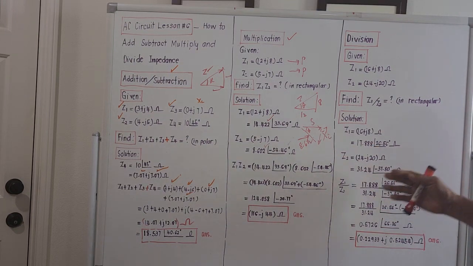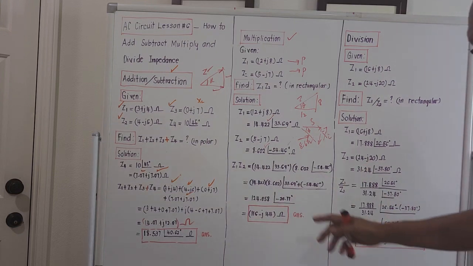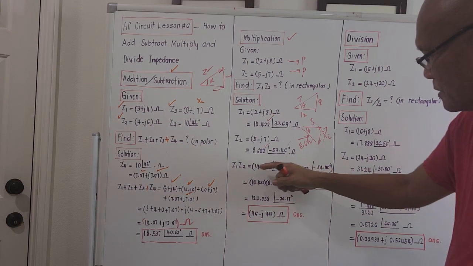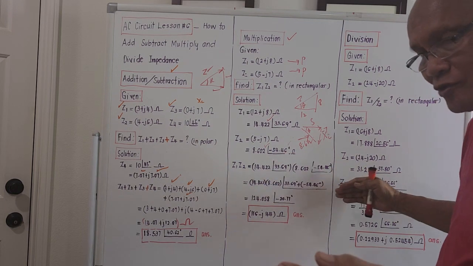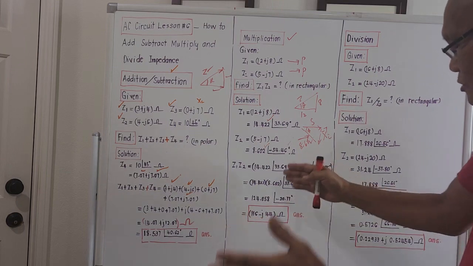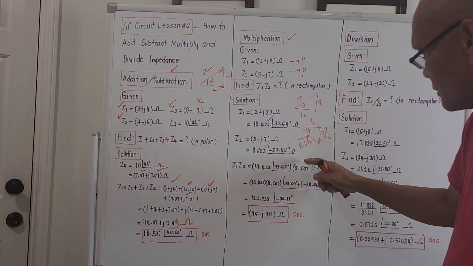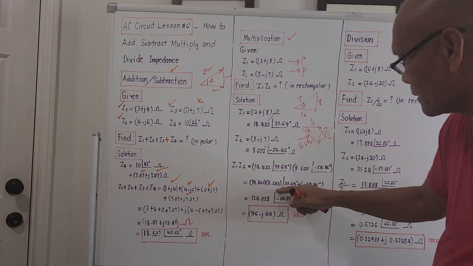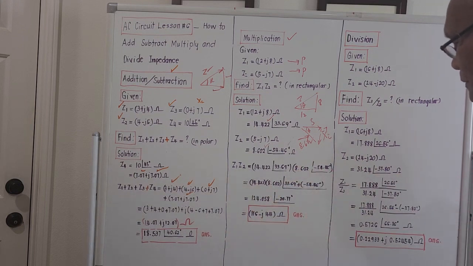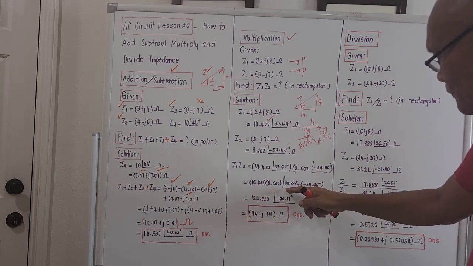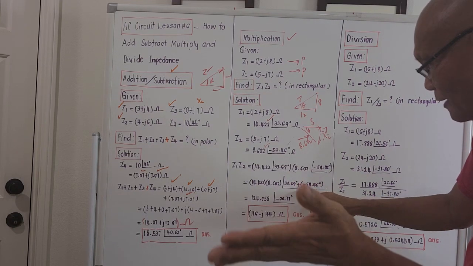The rule for multiplication of impedances, or simply complex numbers, is that you multiply the magnitudes, then the resulting angle should be the summation of the angles. So the resulting magnitude of the product will be 14.422 times 8.602. That's the overall magnitude. The resulting angle will be the summation of the angles, 33.69. The operation is plus, so take note of the sign of the angles.